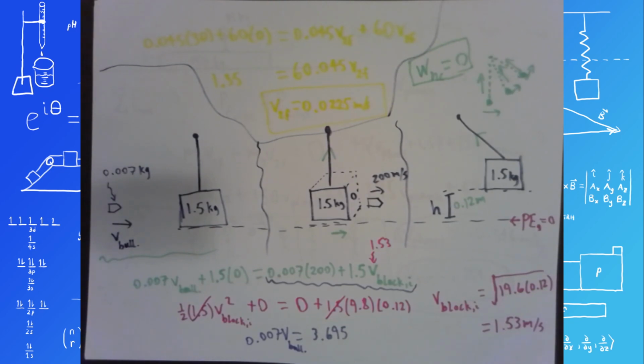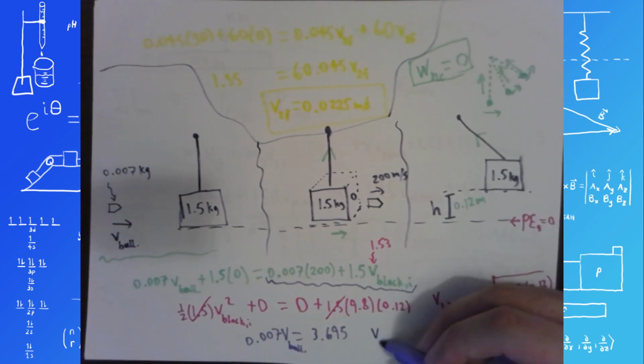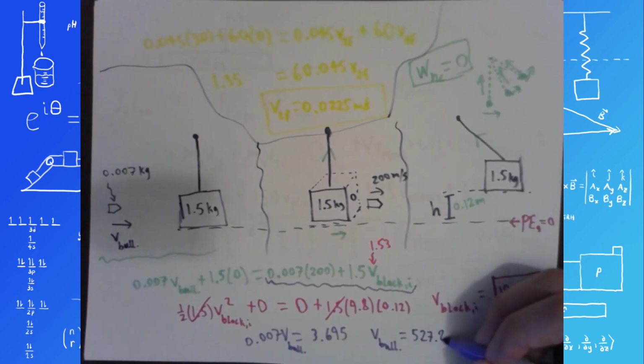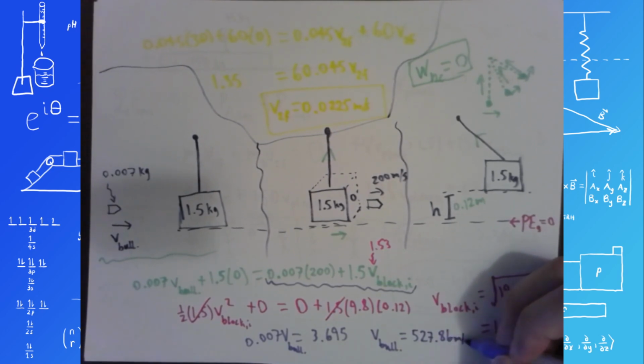Divide by 0.007, and I get 527.86, which is pretty reasonable for the speed of a bullet. V bullet equals 527.86 meters per second.